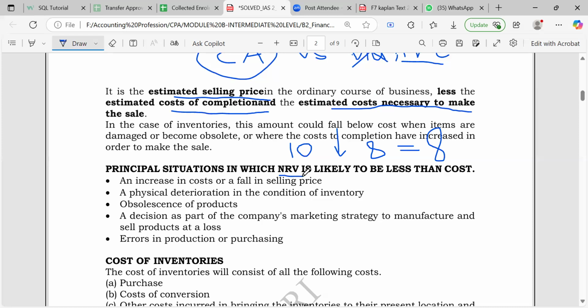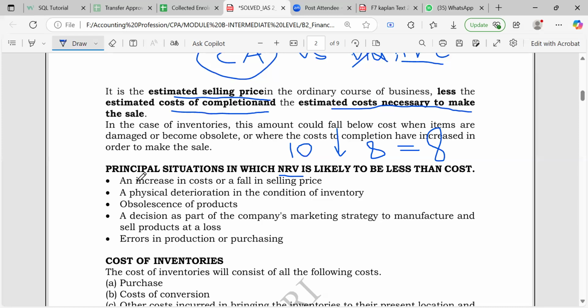So let's know the principal situations in which net realizable value is likely to be less than cost. What are those situations? There are a lot of reasons. Remember you said that net realizable value equals selling price, which you expect to be at fair value, less the cost, right? So whenever the costs are higher or the selling price is low, it means that the NRV will be lower, right?